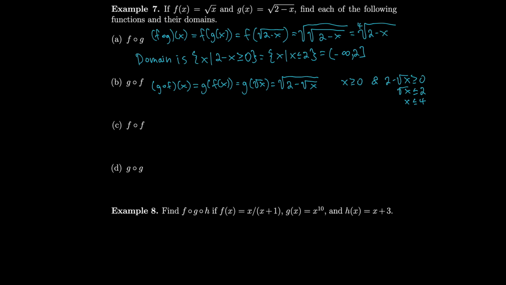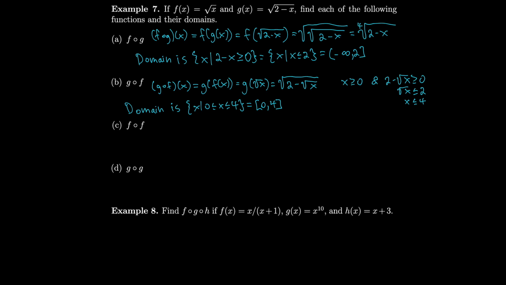So our domain we can write now is all of our x values such that x has to be less than or equal to 4 and greater than or equal to 0, so it's just between 0 and 4, which is the interval from 0 to 4. So it's not defined for as many values as the other one was.